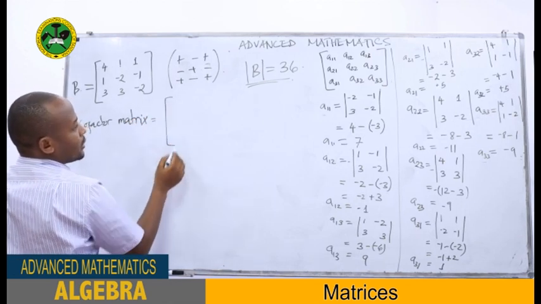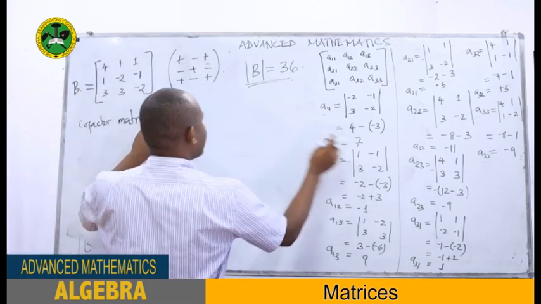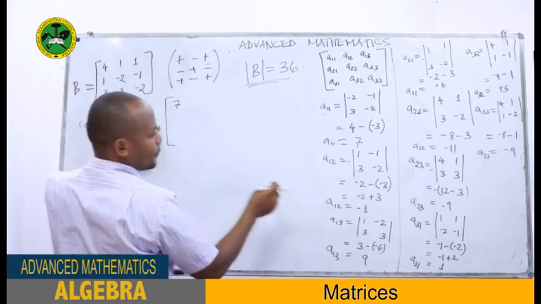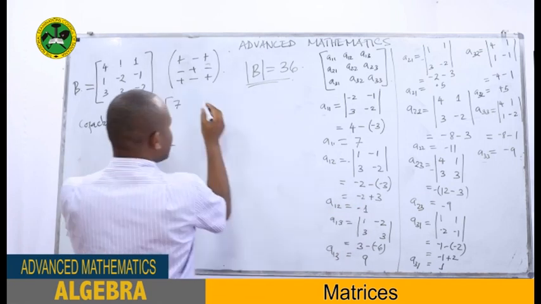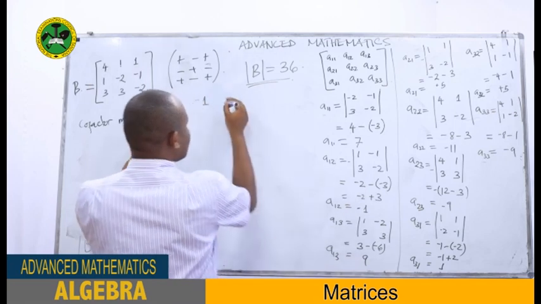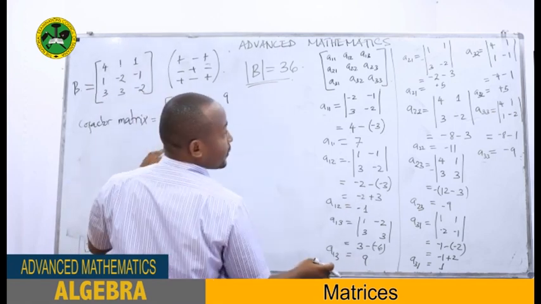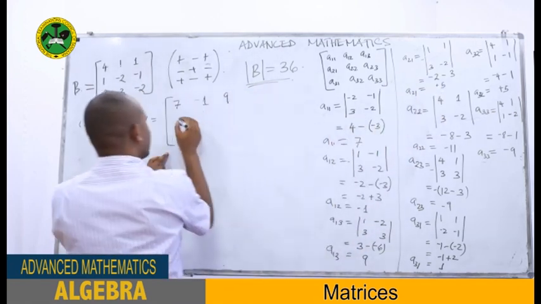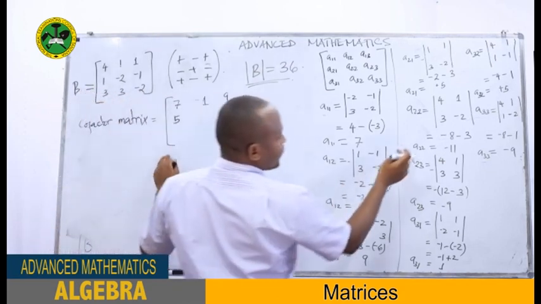So the first one is 7, and that one is -1, and that is 9, and that is 5 at that position.